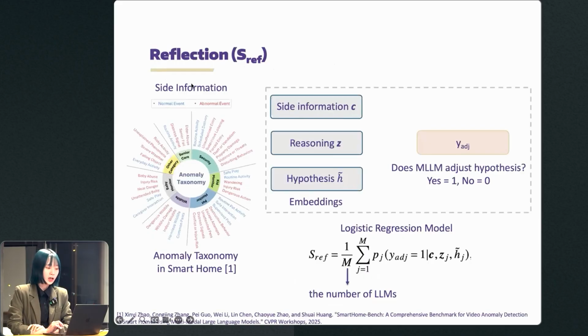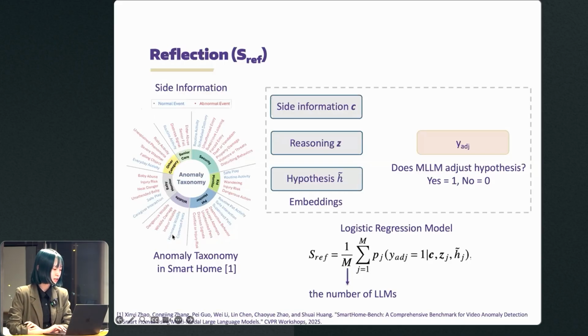This is our final stage in the LLM reasoning chain, called reflection. To calculate S ref here, as I mentioned, we have some side information for our smart home data sets.